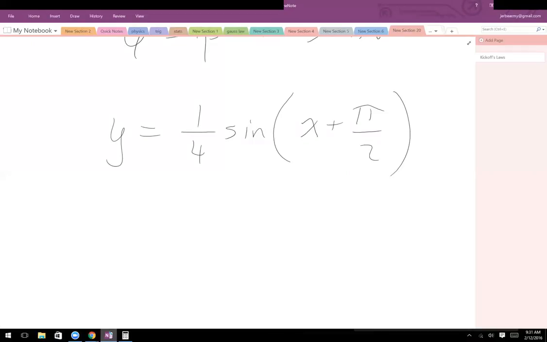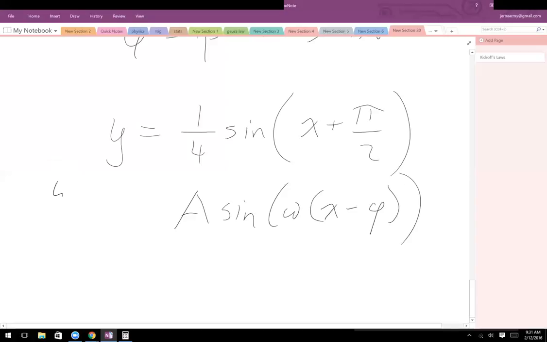Okay. So normally, if there was a number in front of the x, we would have to factor it out, because remember, it looks like a sine of omega x minus phi.